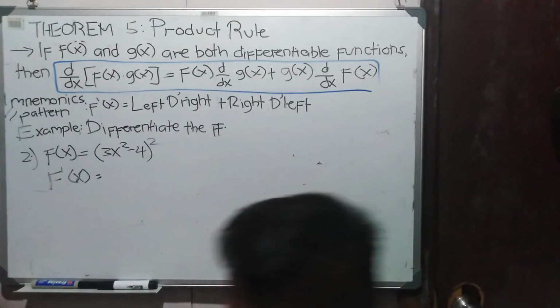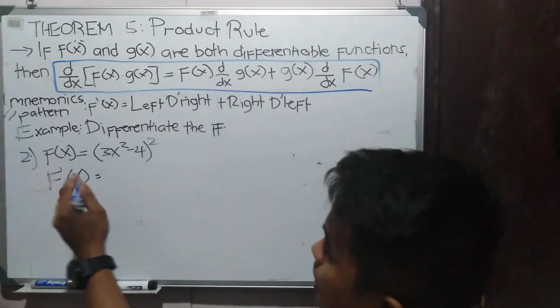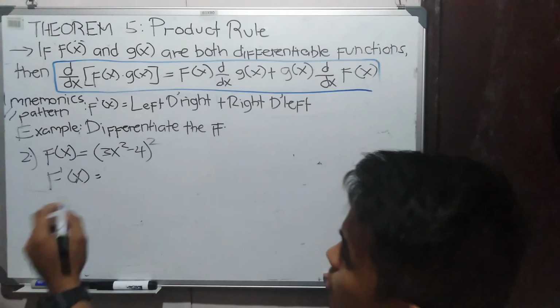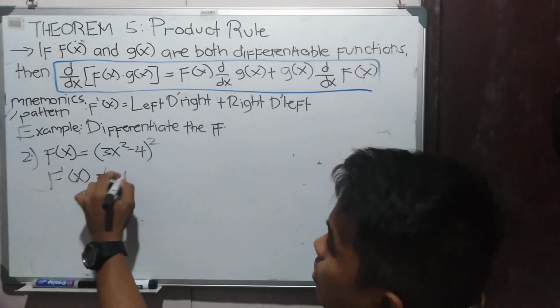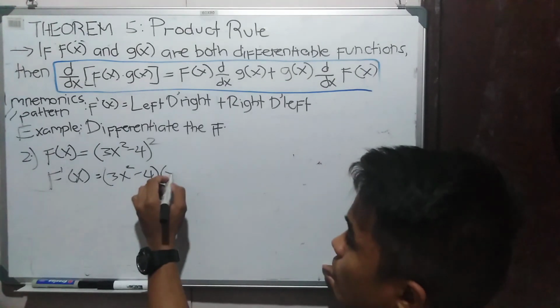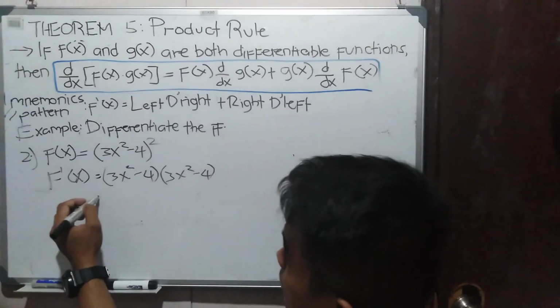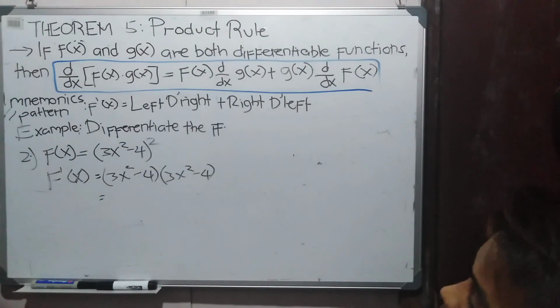Okay, so since yan ay naka-squared, ang ibig sabihin lang yan, i-multiply mo sa sarili niya ng 2 beses. So, paghiwalay natin, we have the quantity 3x squared minus 4 times the quantity 3x squared minus 4. Then, i-apply natin si left the right plus right the left.